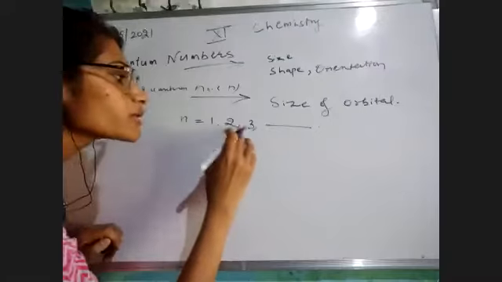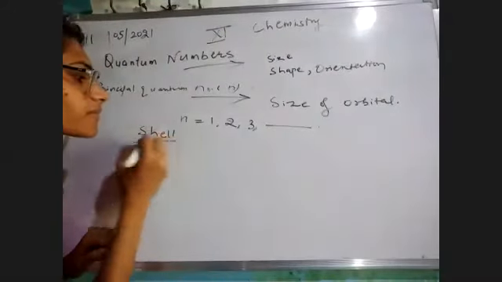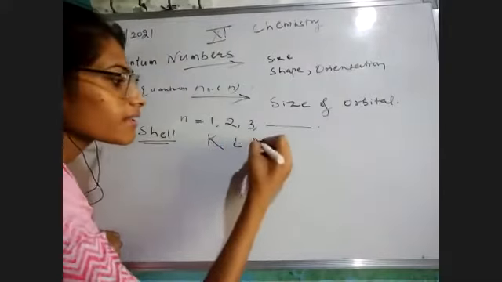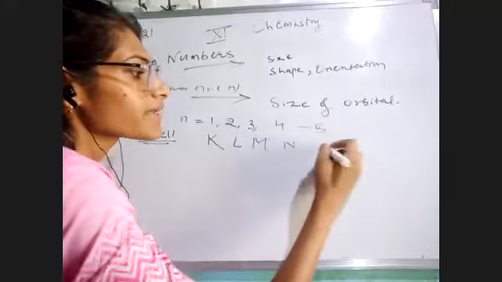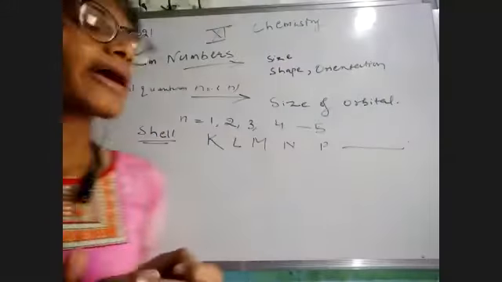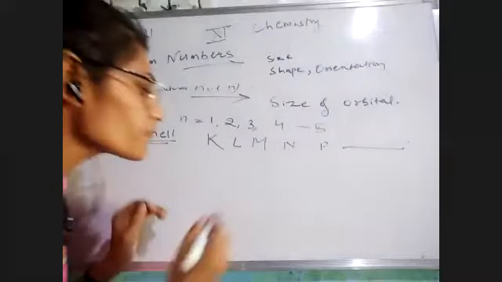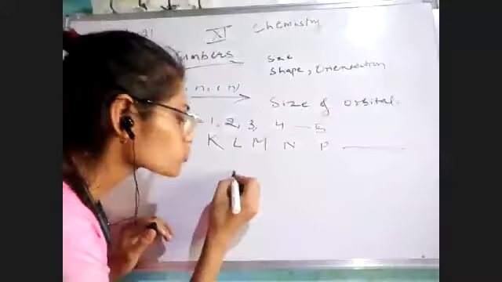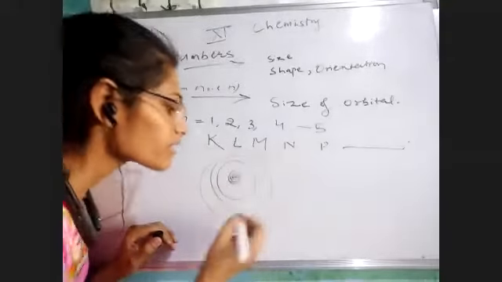And these numbers 1, 2, 3 basically represent the shells K, L, M, N, P, and so on. I hope you have heard about these shells. Suppose I'm the nucleus and these are the orbits around me.